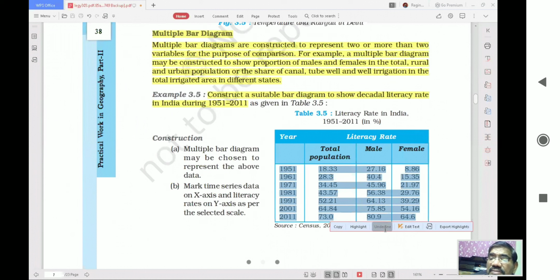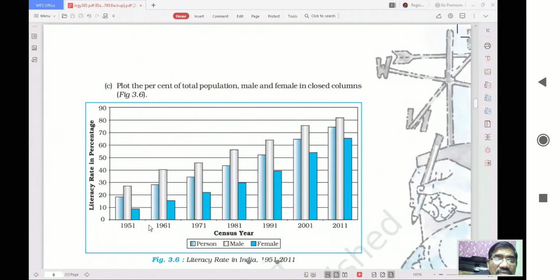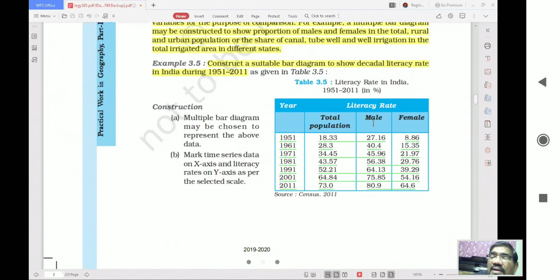And once you have written this, if you see, it is male, female and total being shown. So literacy of male, literacy of female in percentage.